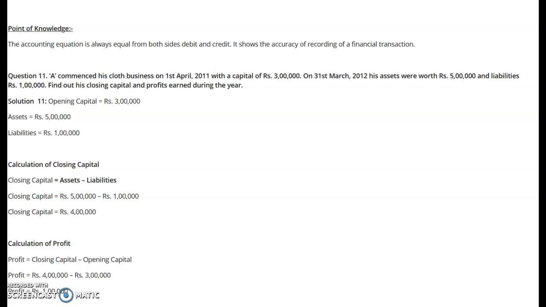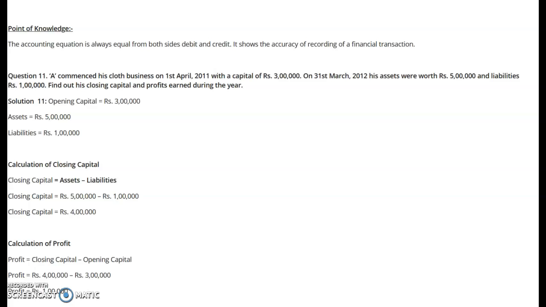If the closing capital is more than the opening capital, there is profit, and vice versa, if the closing capital is less than the opening capital, then there is loss during that period, with a simple presumption that during that period there is no additional investment made as well as no drawings or withdrawal from the business.